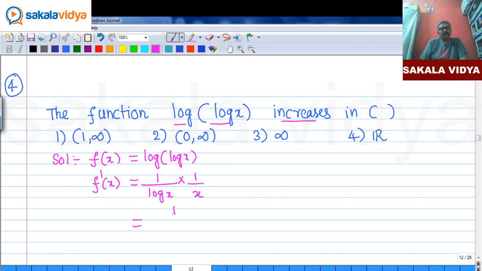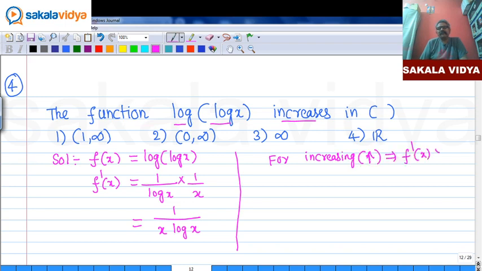This equals 1 by x log x. So, for increasing, f dash x must be greater than 0. That means 1 by x log x must be greater than 0.